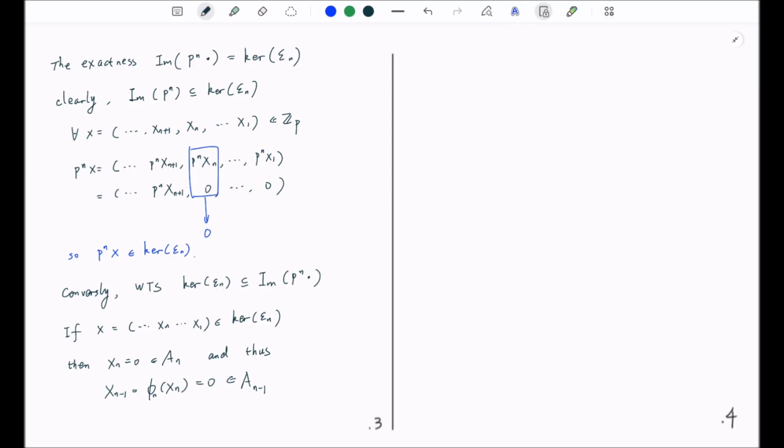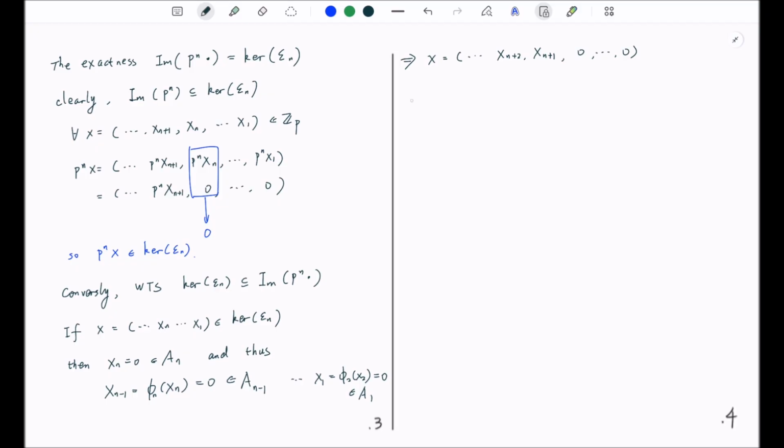And inductively, you have that x_1, which is the image phi_2 of x_2, is equal to 0 in A_1. A_1 is Z mod pZ. And hence, this element will actually take the following form. Its first through the nth components are all equal to 0. And non-zero terms can only start from the (n+1)th position.